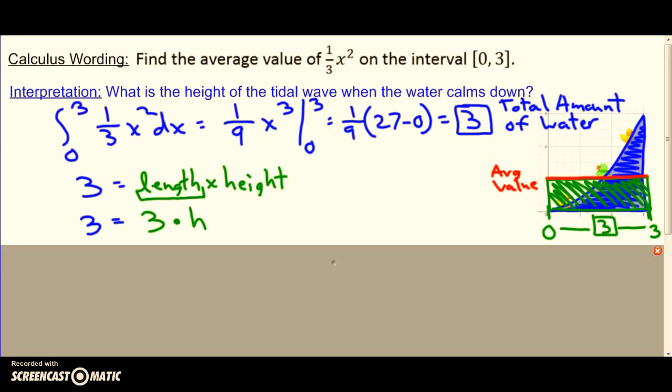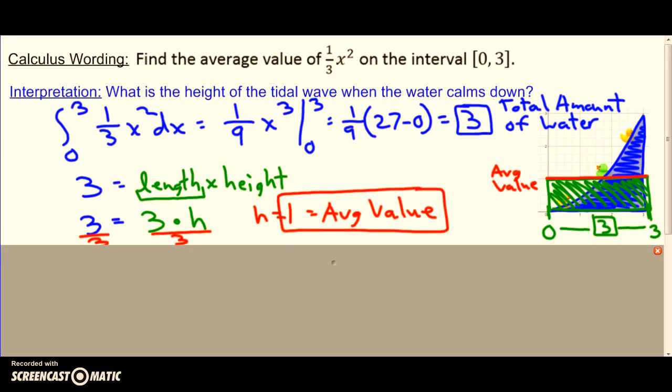So when you solve that and you divide both sides by 3, you get the height of that rectangle being 1. That height of 1 is the average value. So when it says find the average value of 1/3 x squared on the interval 0 to 3, it is 1.